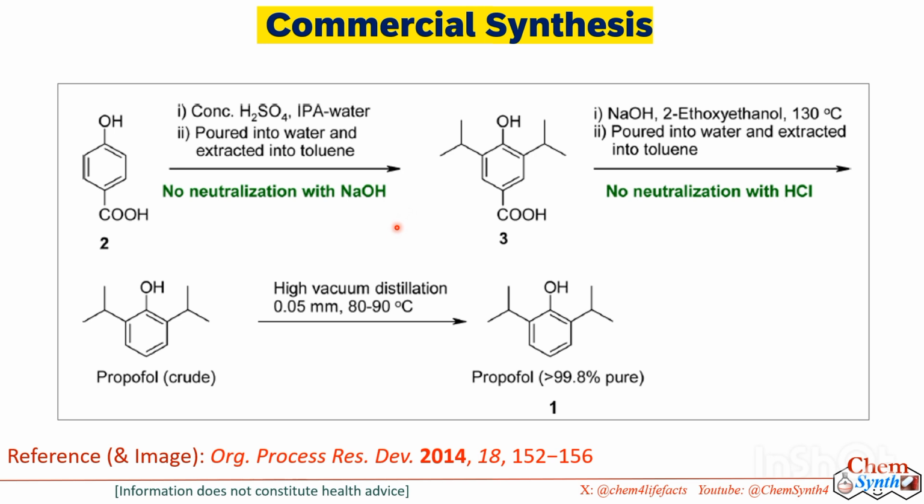And then they evaporated the toluene completely and precipitated the material using methanol water and got this material with 95% purity. Further, they did washing with cyclohexane and this material was obtained with 98% HPLC purity.